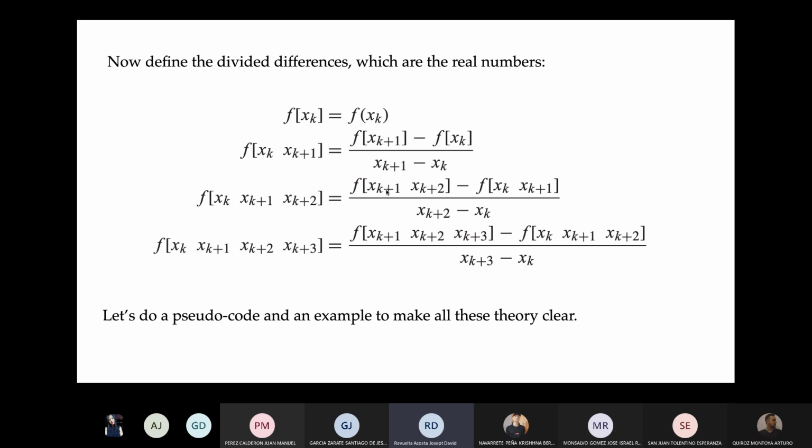So we have the number calculated previously here, which is in this case f[xk+1, xk+2] minus the formula calculated in this term, divided by the term we have, in this case x3 minus x1.